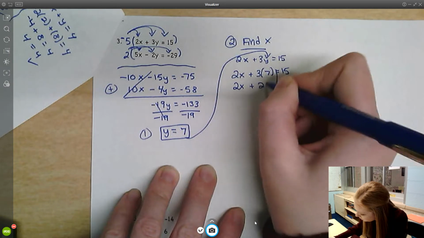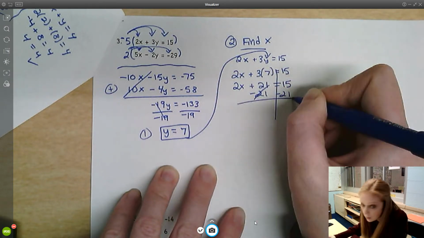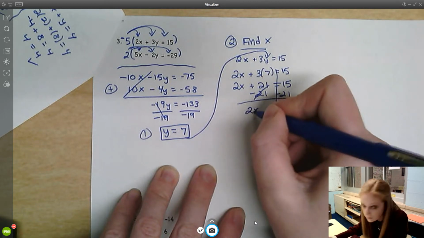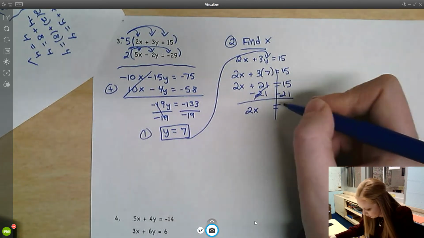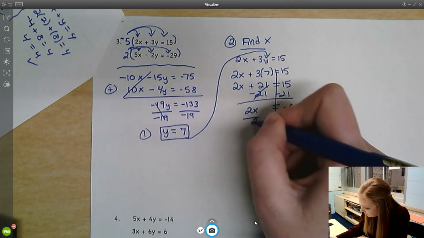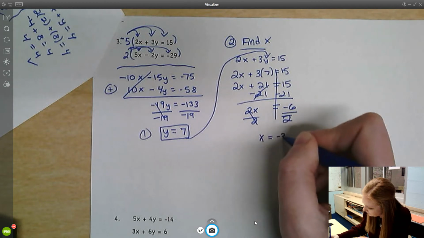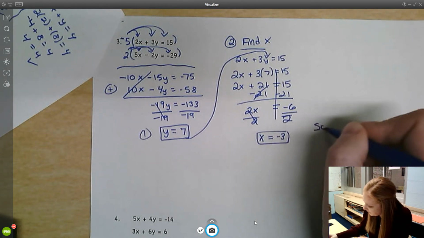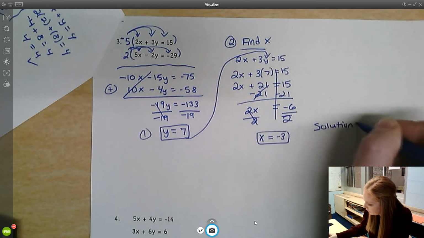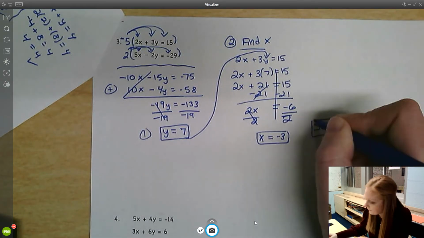So 2x plus 21 equals 15, minus 21 on both sides. 2x equals negative 6. Divide both sides by 2. X equals negative 3. And then lastly, write your solution as x comma y.